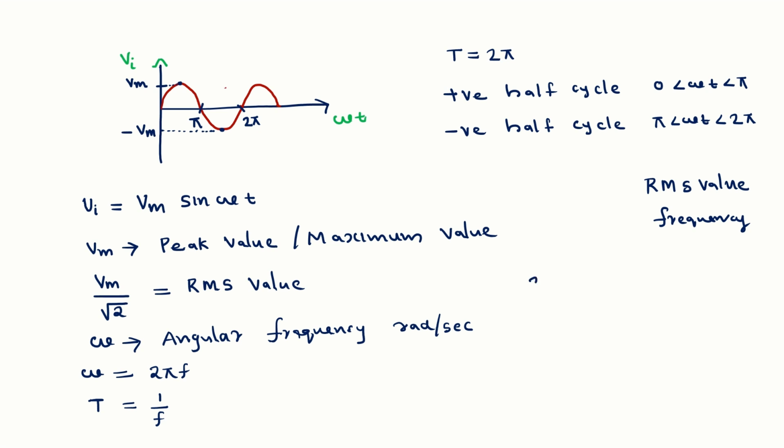Then I have already told that in India 220 volt is the supply voltage, the voltage from the electric lines. So 220 volts is known as line voltage, and 50 hertz is known as line frequency.